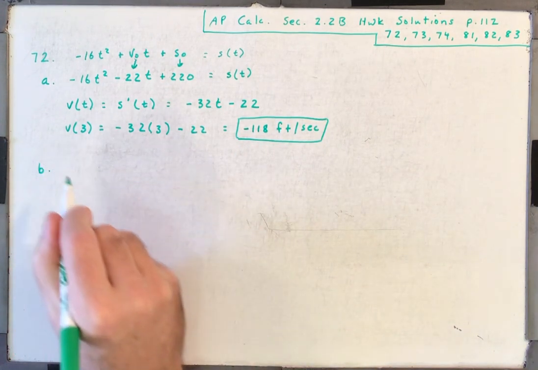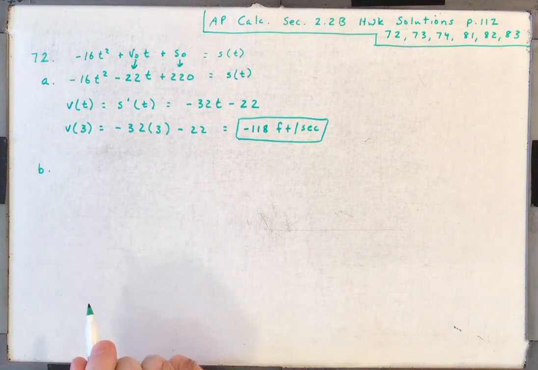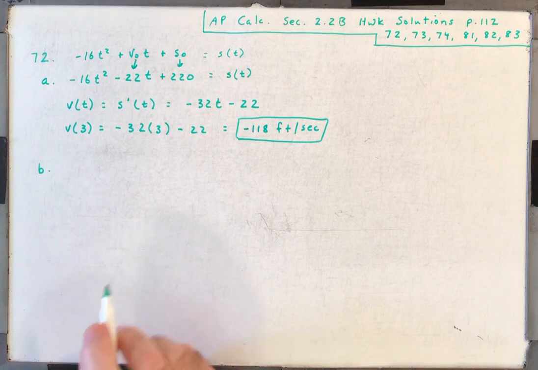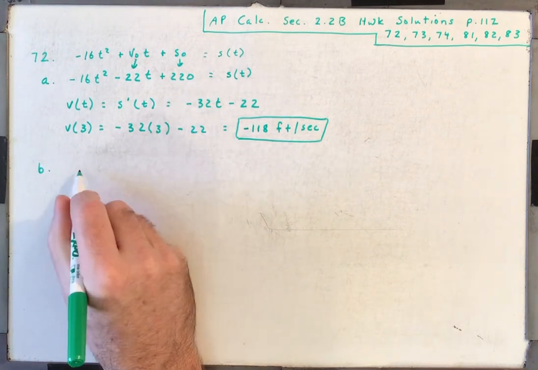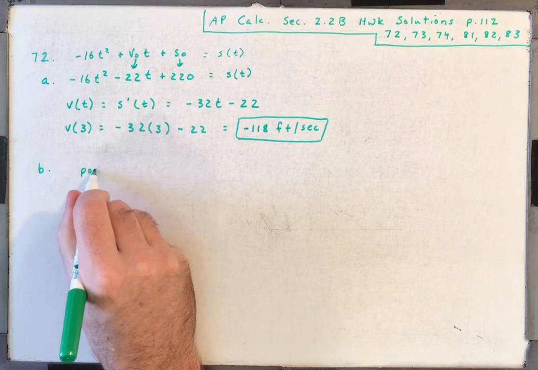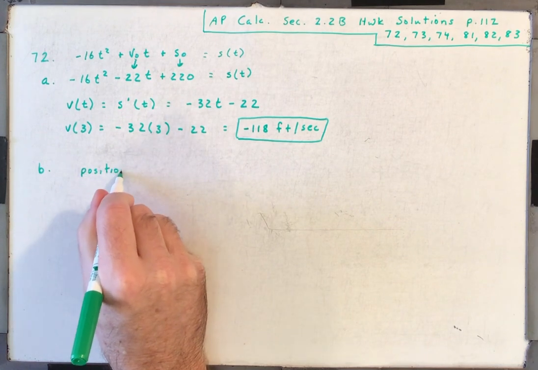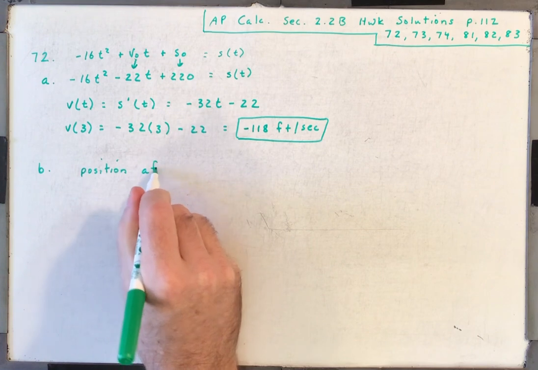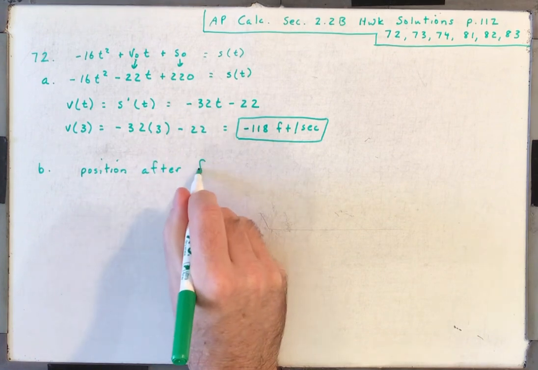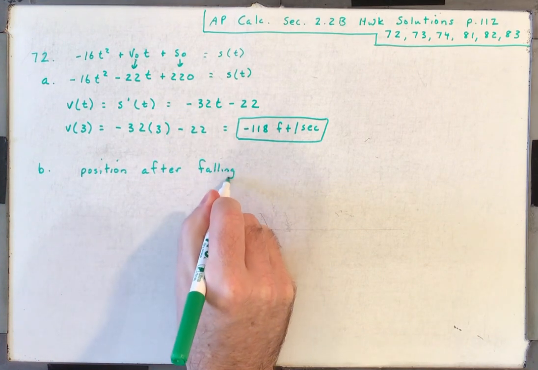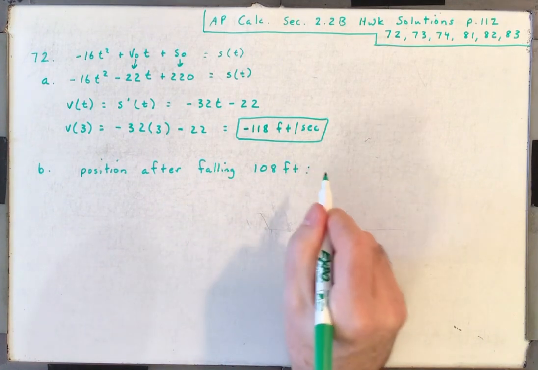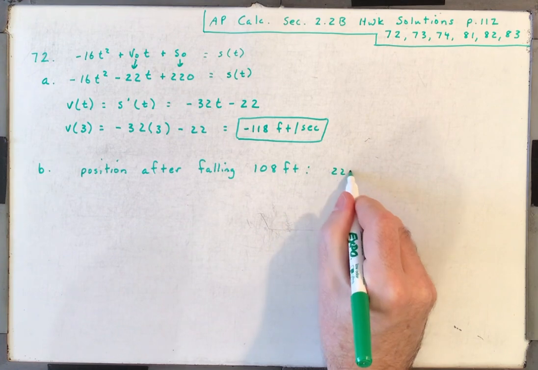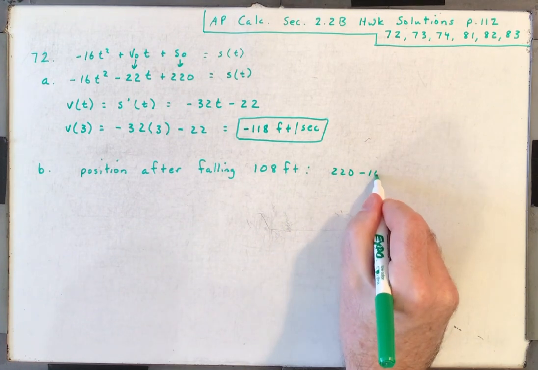Now part B is, what is the velocity after falling 108 feet? Well, we start at 220. So the position after falling 108 feet is going to be, we start at 220 minus 108.